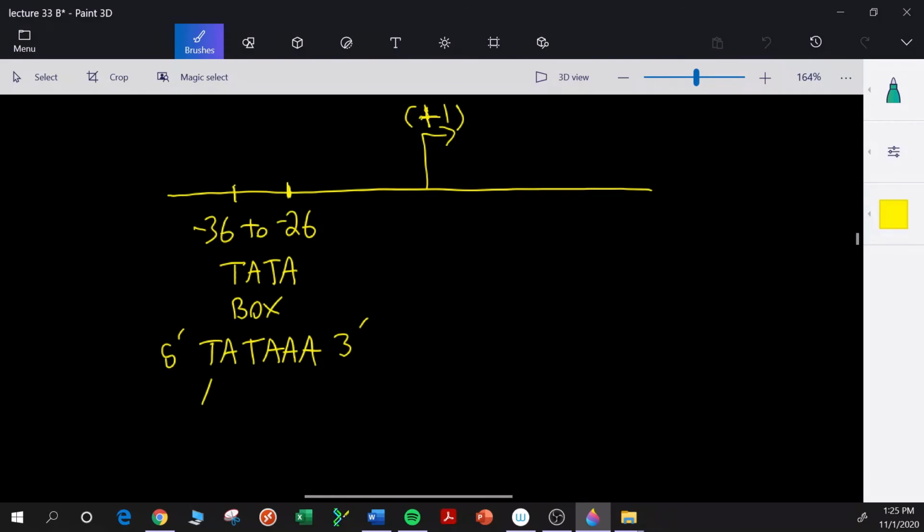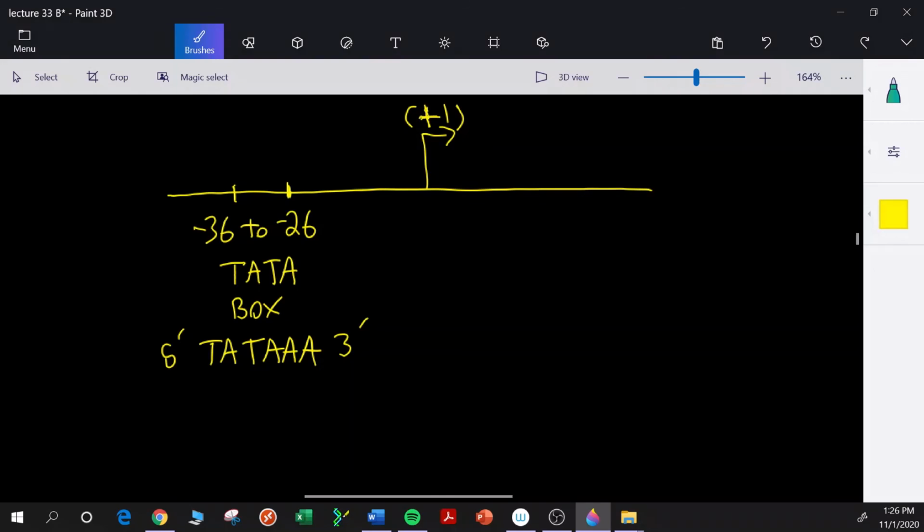Now I could put the complementary sequence in here, but we probably don't need to, because by now we know that in molecular biology it's very common just to show the sequence of one of the strands, because we can easily derive the sequence of the other strand in our heads.